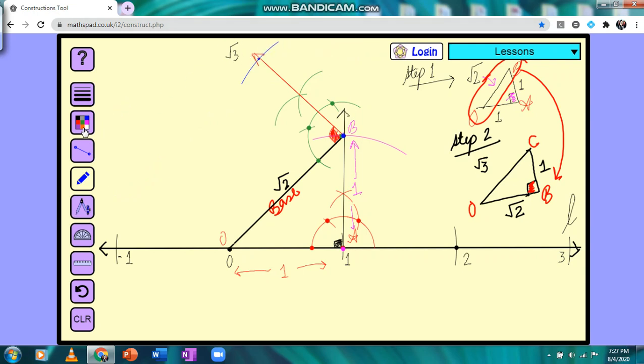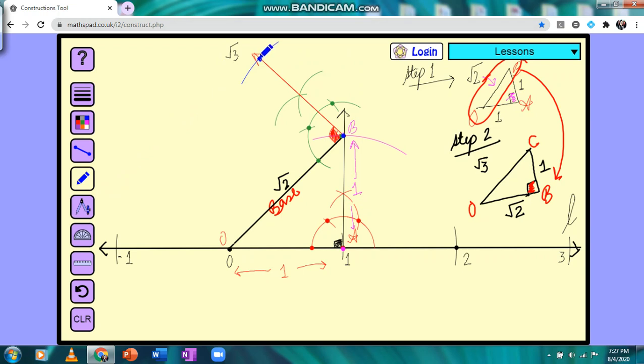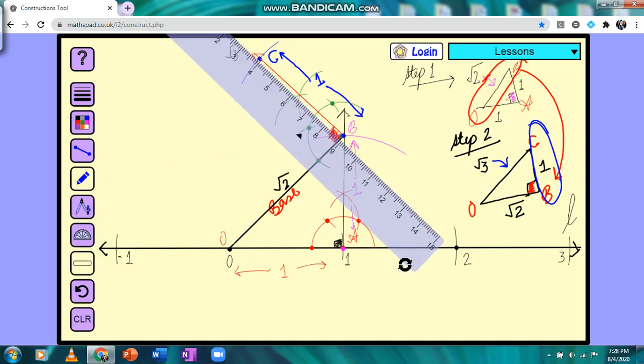This point represents C, and the distance of point C from point B is 1 unit. I've got BC as 1 unit here. Now I want to join C with O because OC is the hypotenuse that I want to show. So let's join it with the help of the ruler.